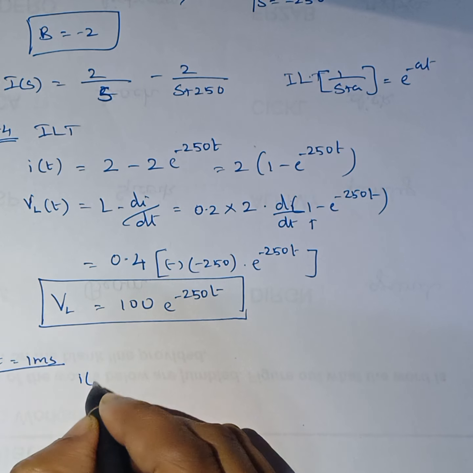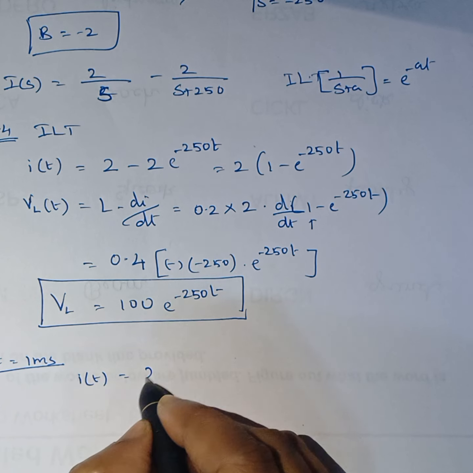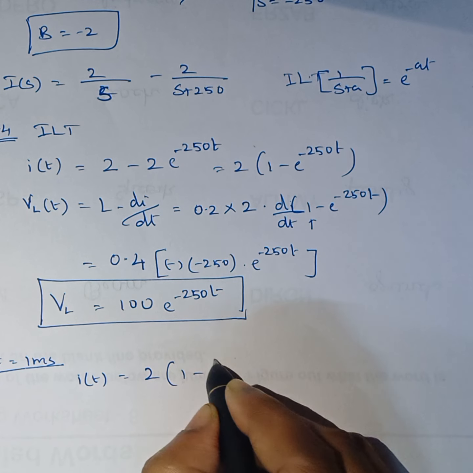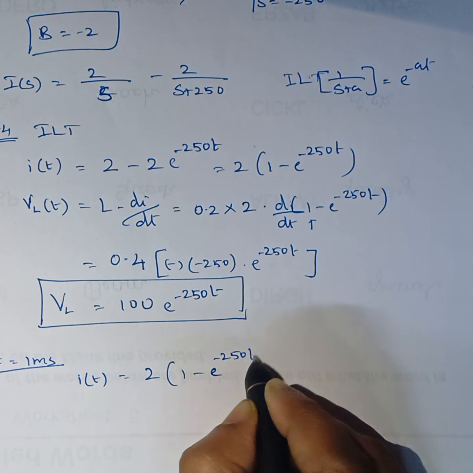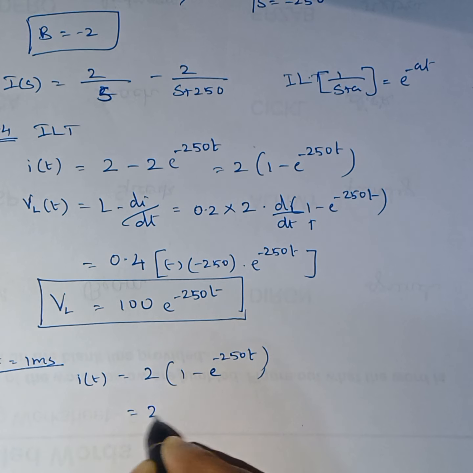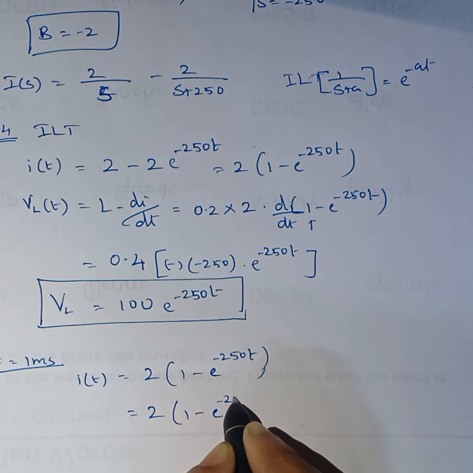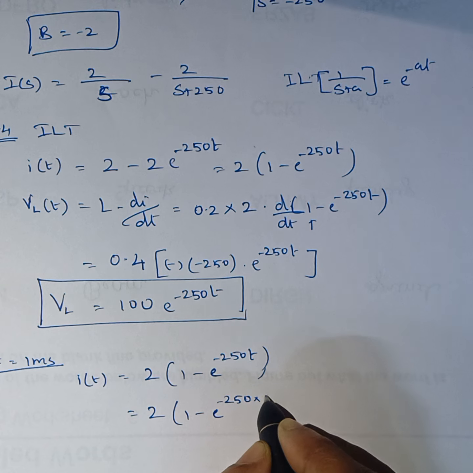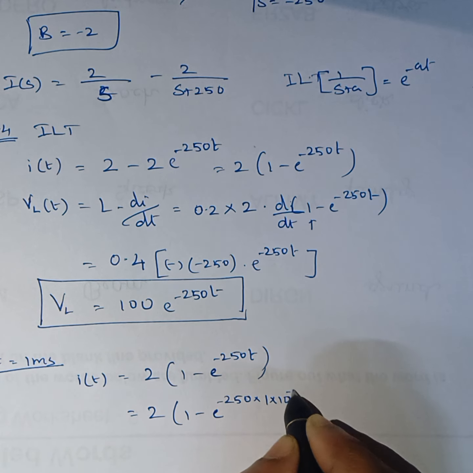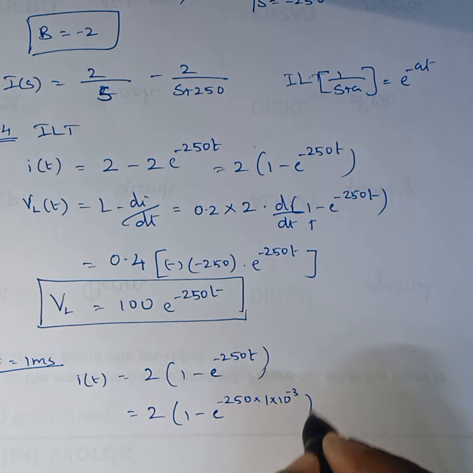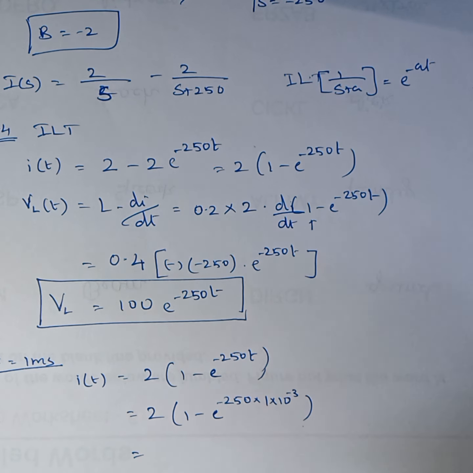I of t is equal to 2 into 1 minus e power of minus 250t. If you substitute 2 into 1 minus e power of minus 250 into 1 into 10 power minus 3, many of you will have a doubt how to enter this.